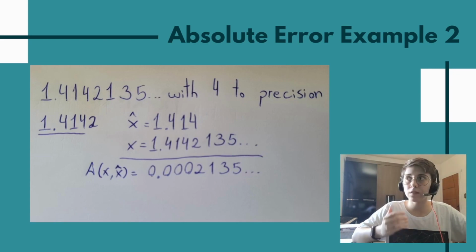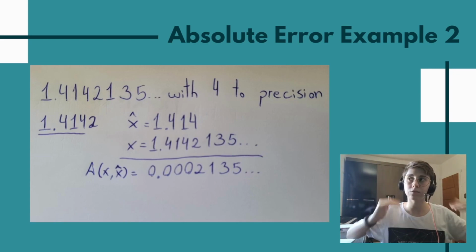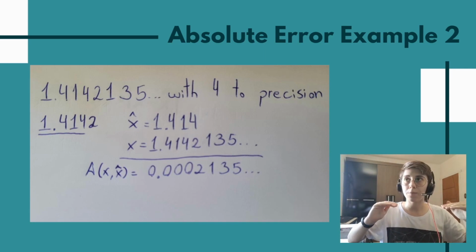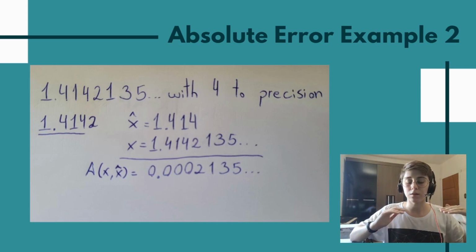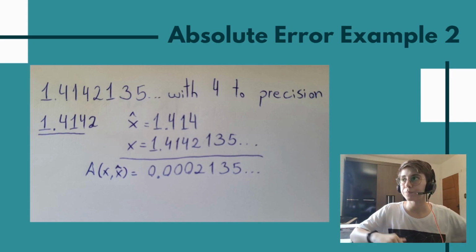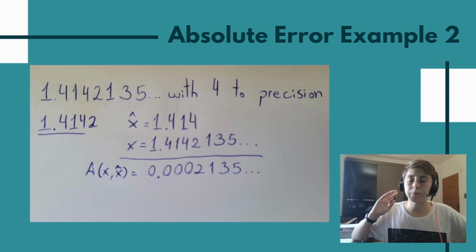So it's just making the difference. I will put the x value above the approximate value and make the difference. This result is a positive number, but we always consider the modulus, so it will always be a positive result, and we could read this as 2 multiplied by 10 to the exponent -3.